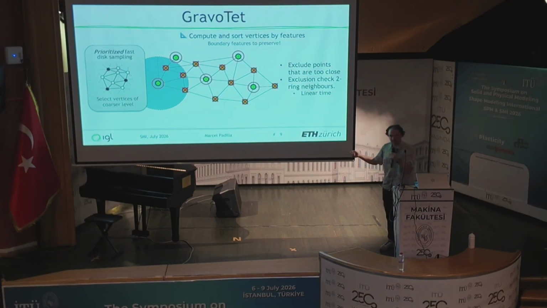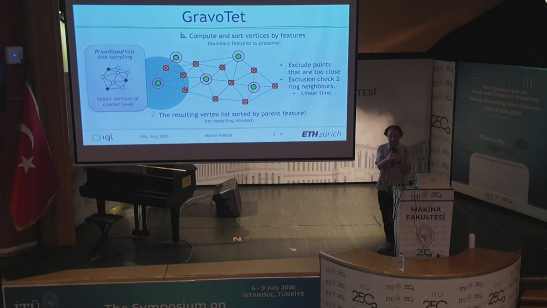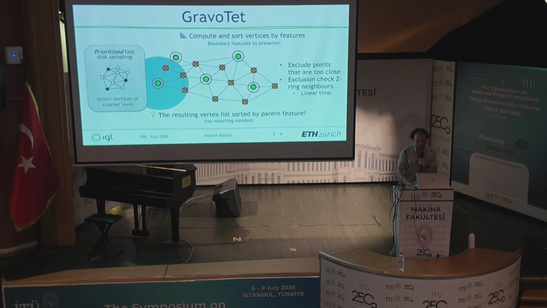And this is very fast, linear time. And speed is something that we really need in order for our goal to be reached, to have fast results. So we end up with, in this example, 5 coarse vertices that go into the next mesh generation. And an added bonus, because we sorted the important vertices first, and then we sampled them first, the next coarse resolution already has the same ordering preserved. So the important vertices stay in the front for the next generation after.